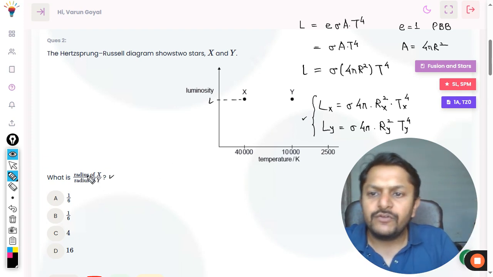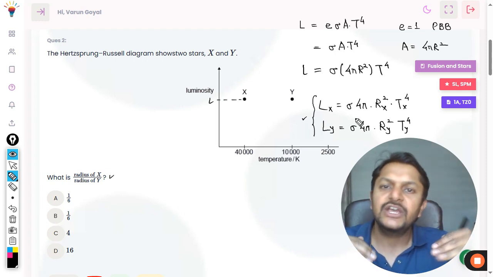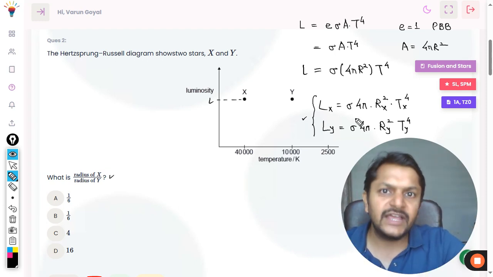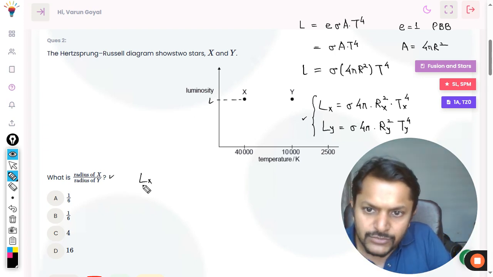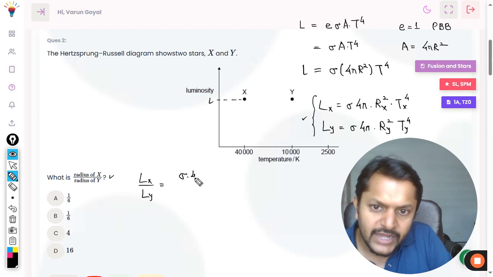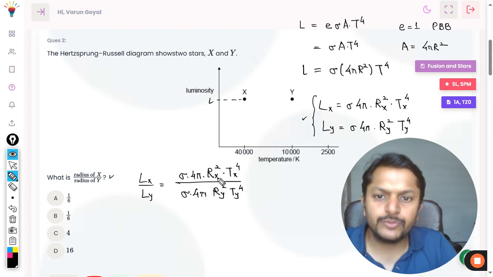Now we want to have the radius of X and Y, so we are just going to divide these two equations. Left hand side is divided by the left hand side, right hand side is divided by the right hand side. So I am dividing it like this: Lx divided by Ly. I'm going to write each and everything again here, with Ty raised to power 4.